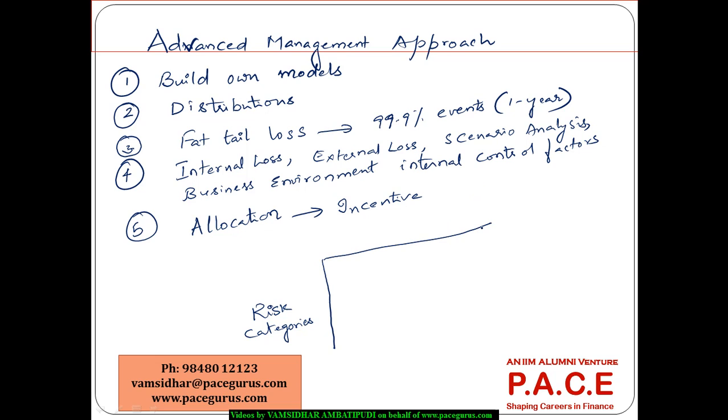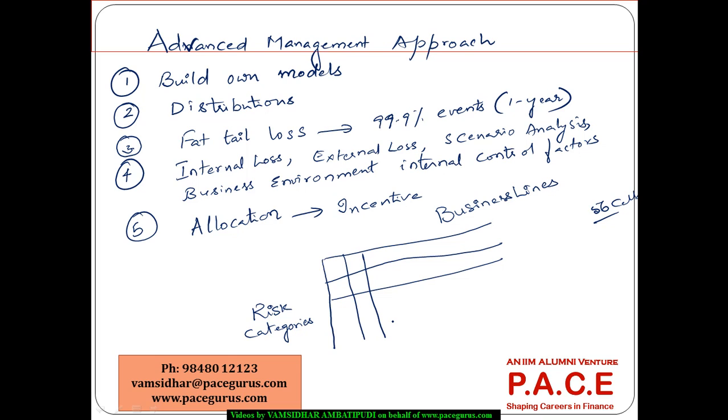So business lines and different risk categories across the business lines. So 7 by 8, around a 56 cell matrix is getting formed, and the loss data is coming out for every cell. There is a matrix kind of thing that has to be formed.